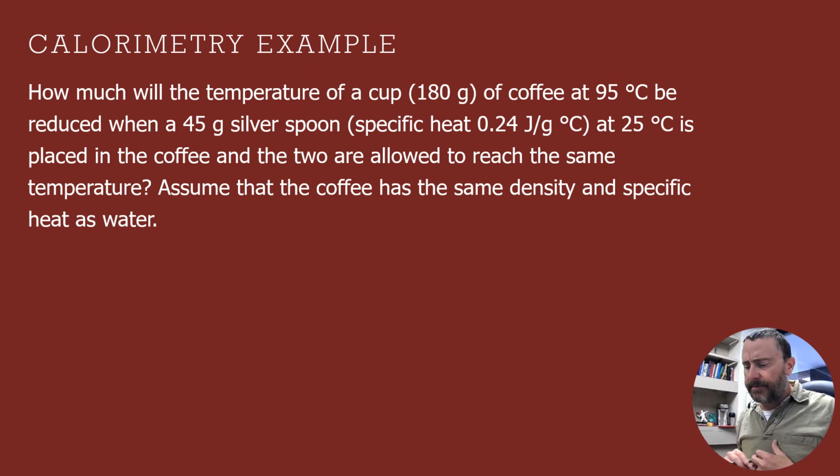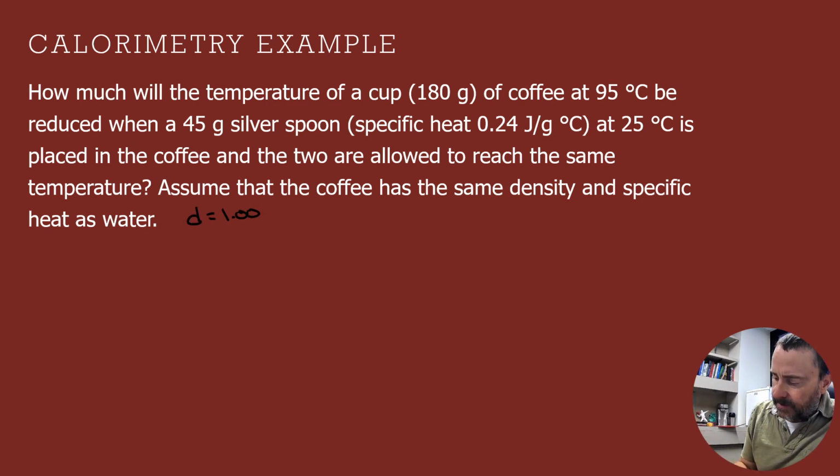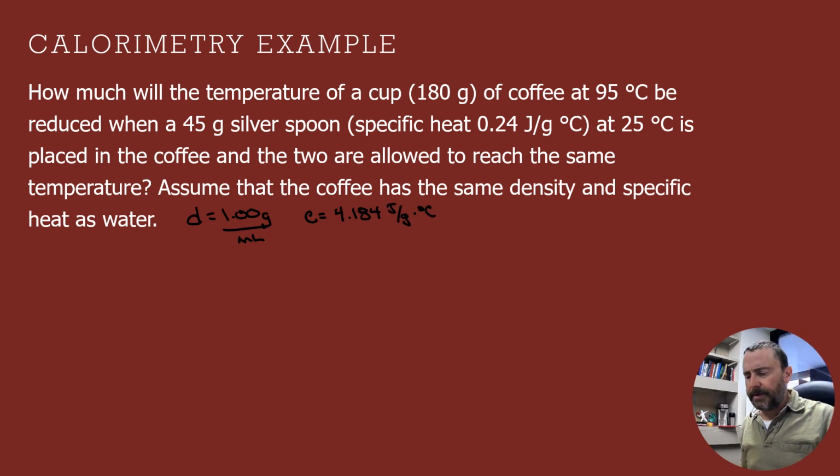We're going to allow them to reach the same temperature, a temperature equilibrium. We're going to assume our coffee has the same density as water, so density is 1.00 grams per milliliter, and our specific heat is 4.184 joules per gram times degrees Celsius. So we're assuming those two things.